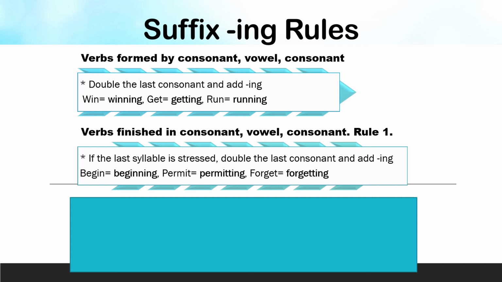The stress is in gin. So we double the n and write beginning. Permit. The stress is on mit. So we double the t and write permitting. And the last example, we have forget. The stress is on get, so we have to double the t and add ing.